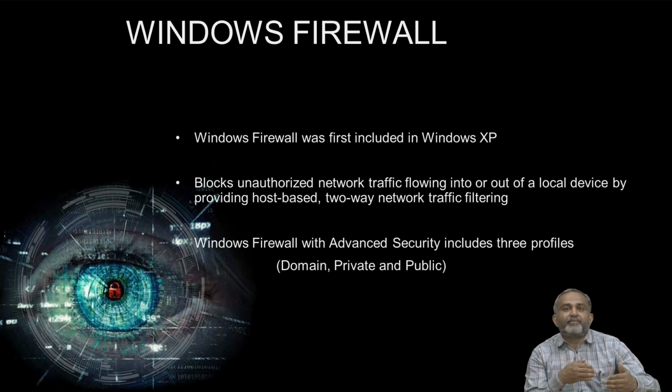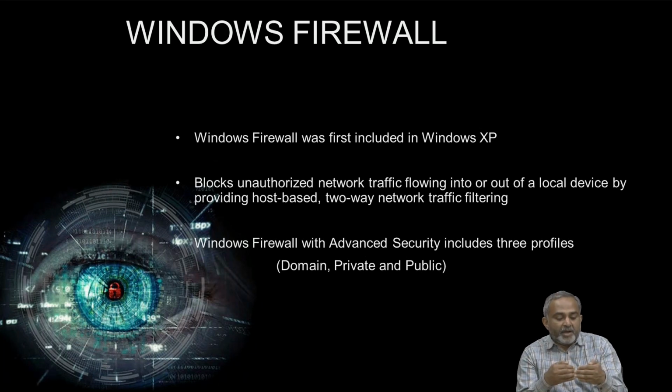Actually the firewall is a mechanism which works at the second layer of the OSI, or we can say it's an entry point for each and every network traffic immediately after the physical layer.